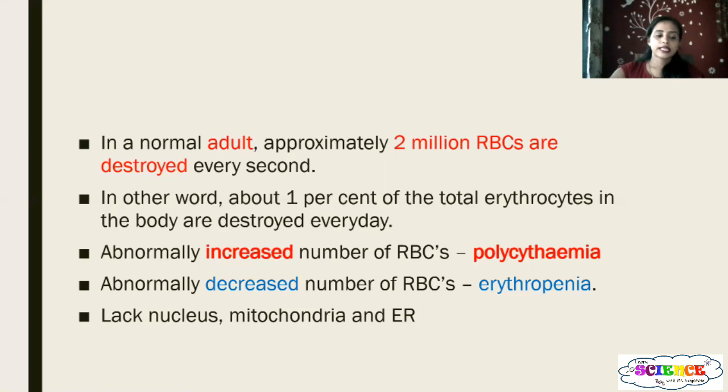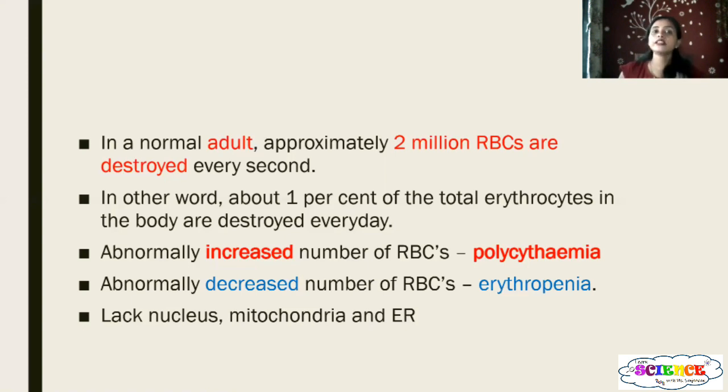Second, the loss of mitochondria. What is the work of mitochondria? Mitochondria is responsible for production of energy. It is called the powerhouse of the cell. Now, what will happen if RBCs have mitochondria? The oxygen which it has to transport, it will use for itself.